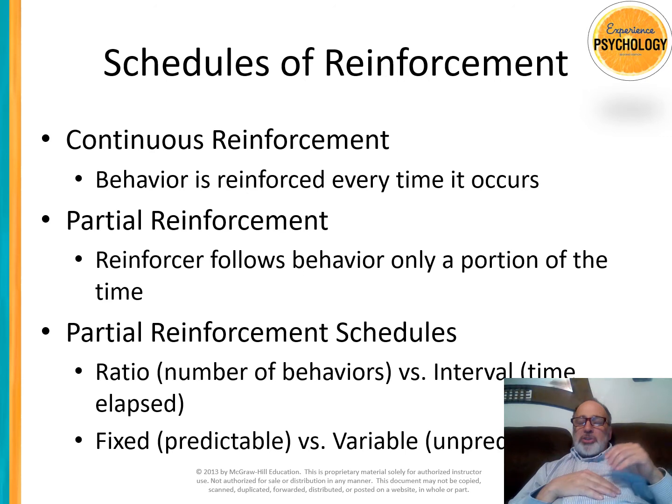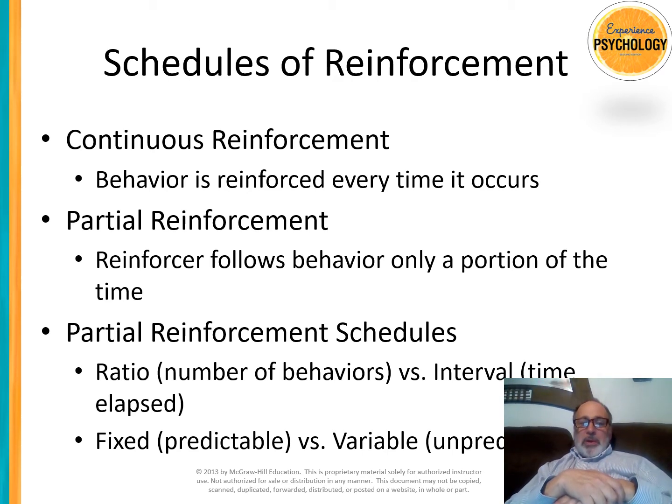That would be a ratio. Every 5 times the individual does it, they will get reinforced. Many jobs are like this. Car salesman: if you sell this many cars in a month, you will get this bonus. And so there's a ratio of how many times the behavior happens.